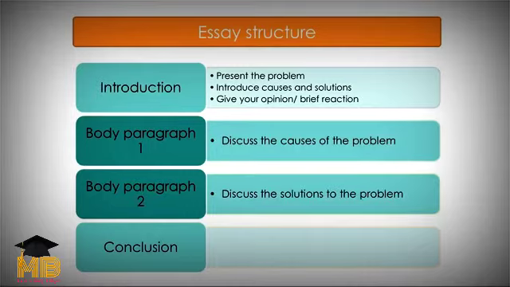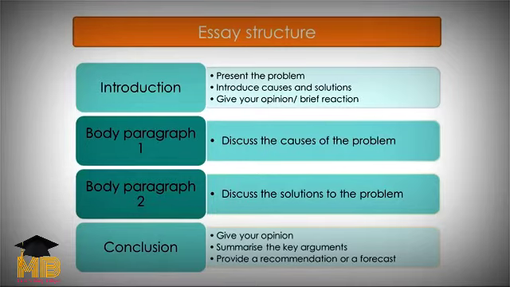In the second body paragraph, you discuss solutions. What can be done to solve this issue? And in the concluding paragraph, you give your opinion, and you may also summarize the key arguments and provide a recommendation or a forecast for the future.